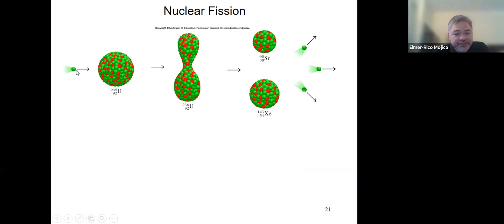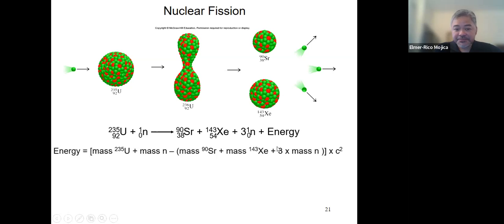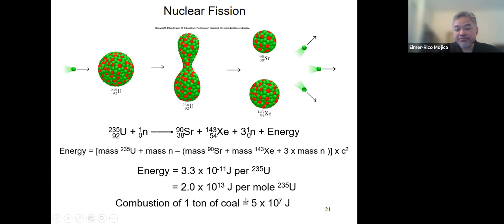Uranium-235 is hit by a subatomic particle, a neutron, and then it breaks down to give you strontium 90 and xenon 143, and 3 neutrons plus energy. Okay, so they look at the mass defect here, the equation by Einstein. It's around 10 to the 11 joules per uranium-235 atom. The amount that you have there is really big.